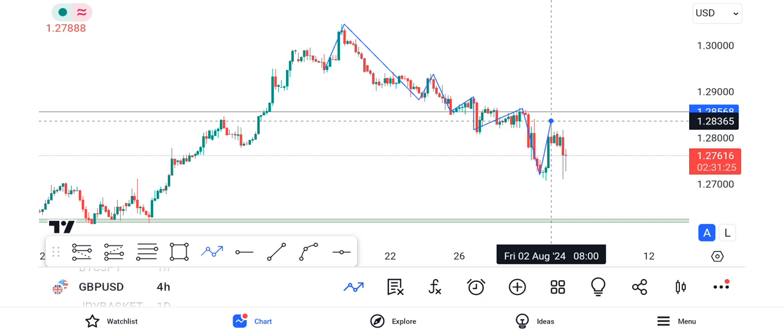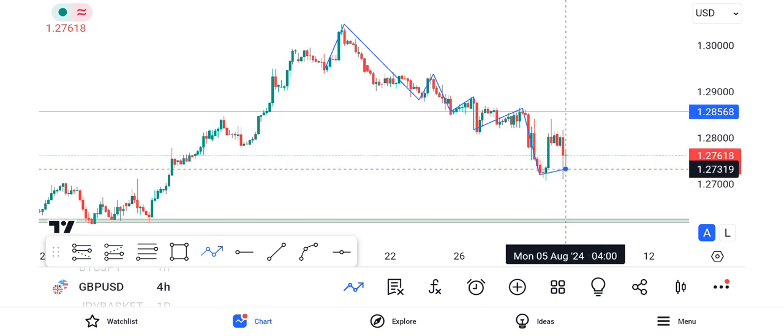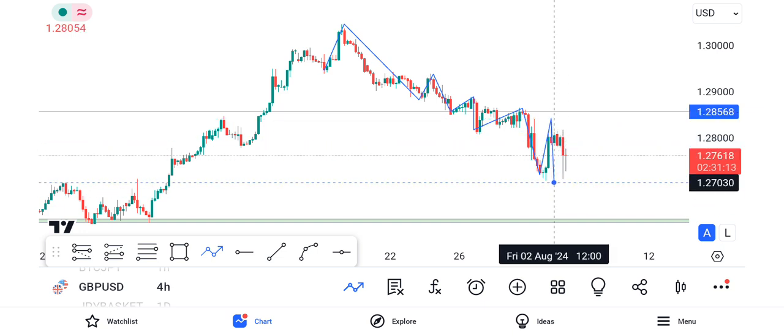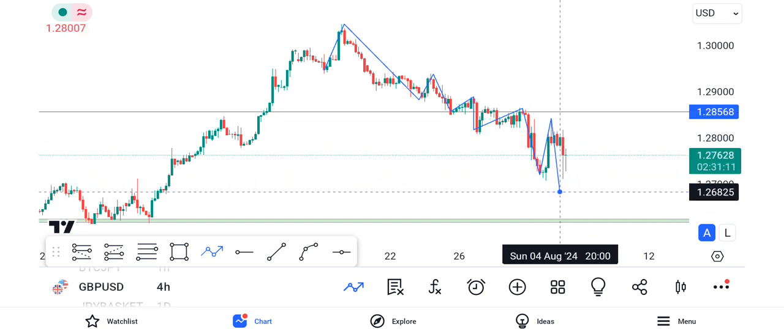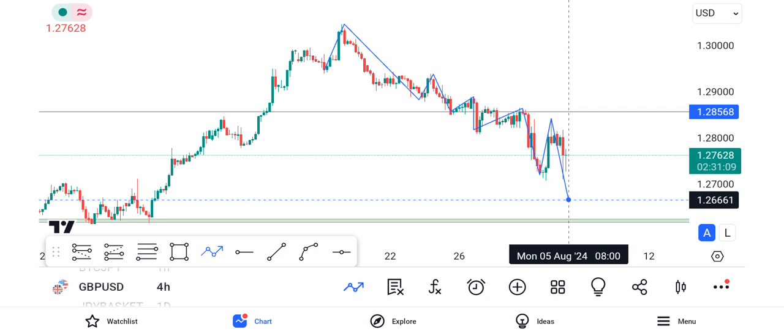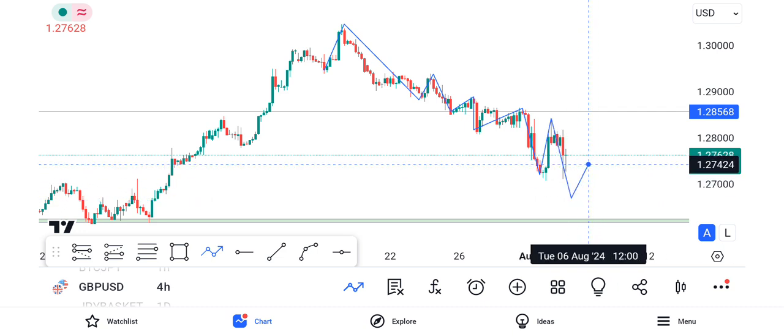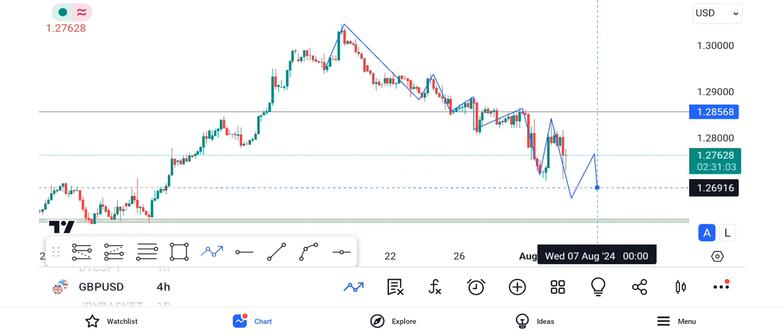For us to be sure that this price really wants to go down to touch the support on the daily time frame, we also have to see price break this lower low right here. Price breaks the lower low, we test, then come down.